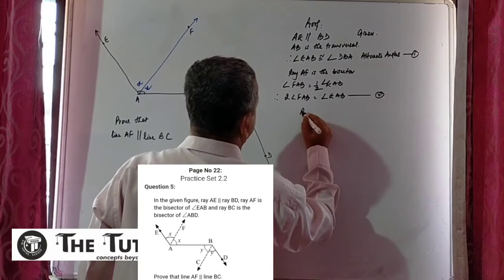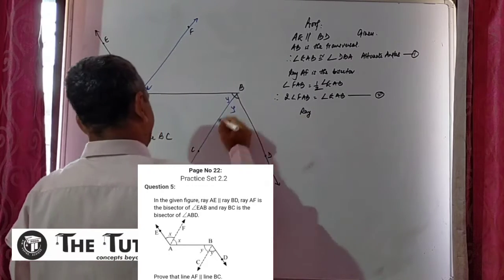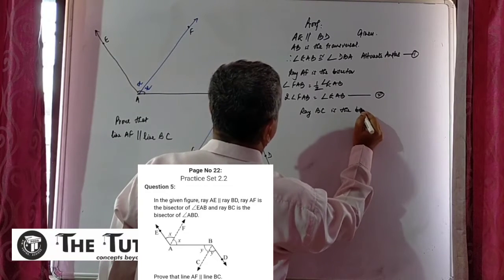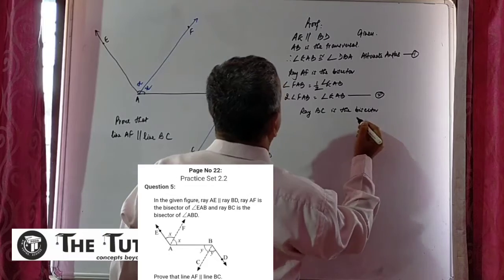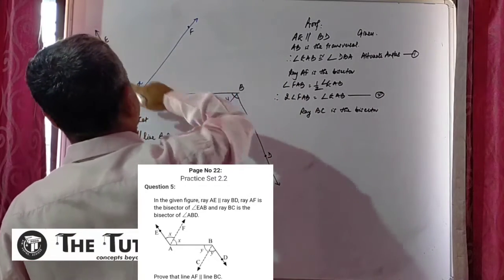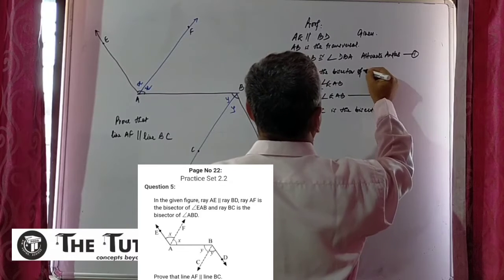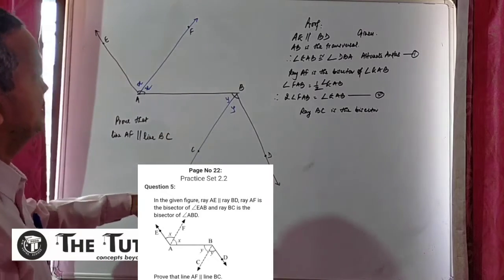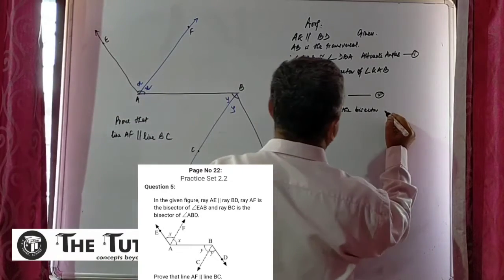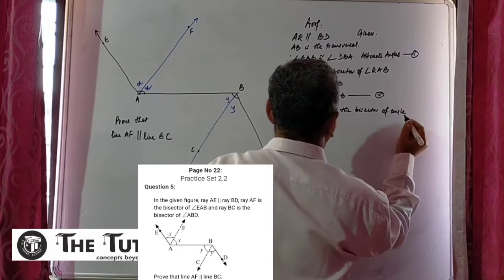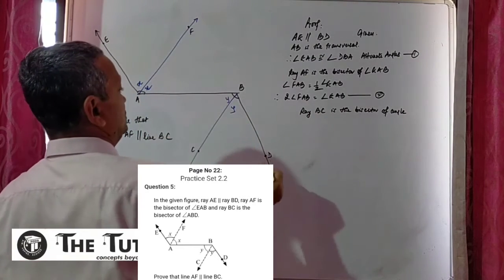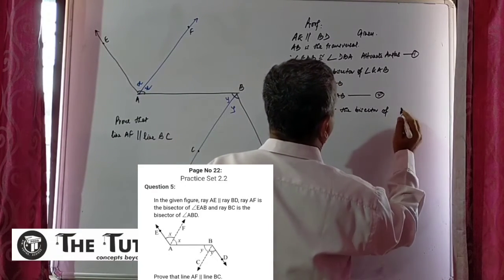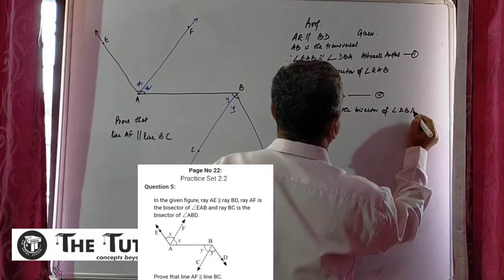Then we have ray BC is the bisector. Ray AF was the bisector of angle EAB. Ray BC is the bisector of angle DBA. Okay, therefore this blue line is the bisector of angle DBA.